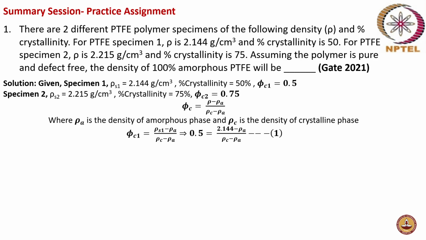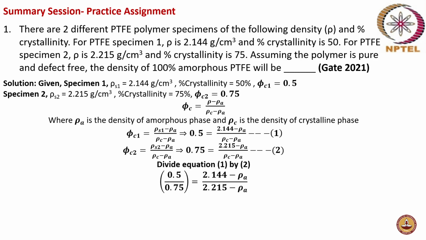In the case of specimen 1, you have the volume fraction known and the total density known, and your amorphous phase and crystalline phase densities are unknown. So you keep it as such as equation 1. Similarly, you can form equation 2. So two equations are formed and you have two unknowns, the amorphous phase and crystalline phase densities. You can just divide one by the other and solve the two equations.